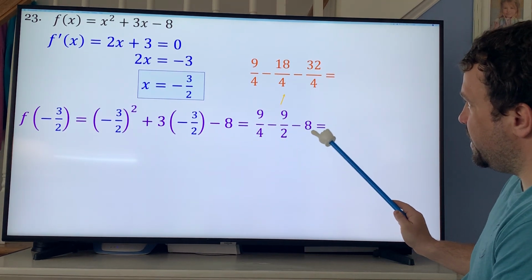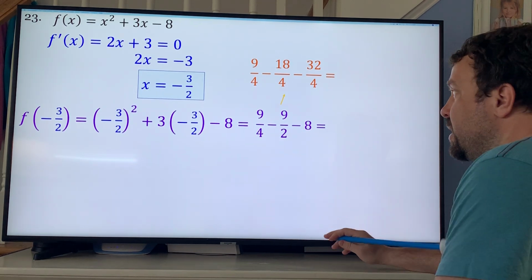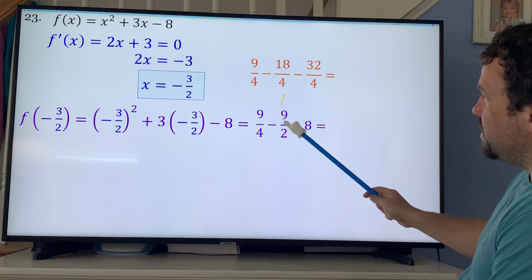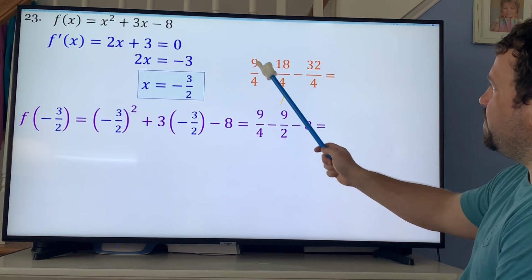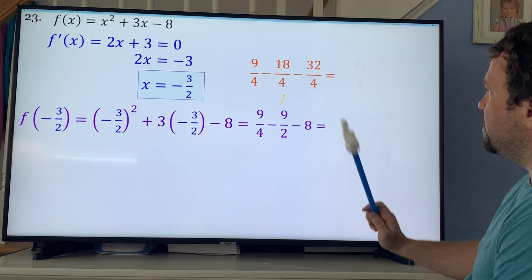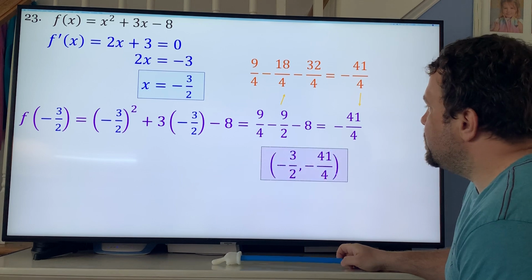In case you guys can't subtract these, you have to put everything to the denominator. 9 over 4, multiply this by 2 over 2, minus 18 over 4, multiply this by 4 over 4, 32. 9 minus 18 minus 32 equals negative 41 over 4. All right? So that's your point.